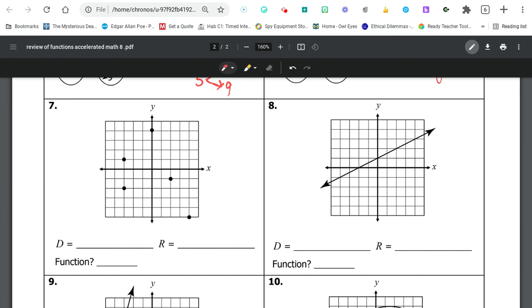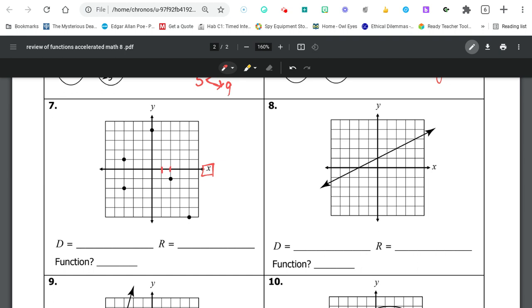All right, so let's take a look at 7. We're talking about domain, guys. And domain is a set of all x's, and you really can't see any, so I'm going to show you 2 ways you can do this. I can focus only on the x axis.